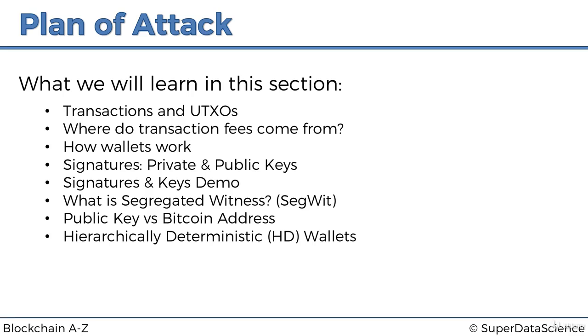What I also wanted to mention is that we'll be mostly discussing Bitcoin, but a lot of these things are common to different cryptocurrencies. Sometimes we'll mention other cryptocurrencies such as Litecoin, but bear in mind that even though we're discussing Bitcoin, a lot of this knowledge, especially the foundational side of it, is applicable to other cryptocurrencies.